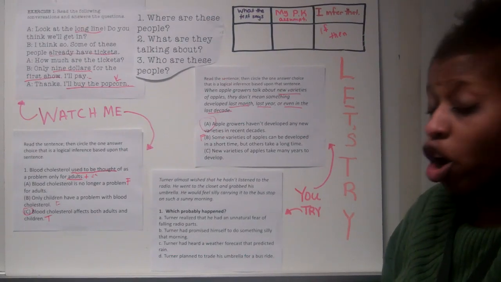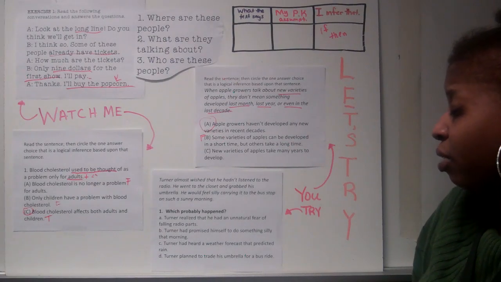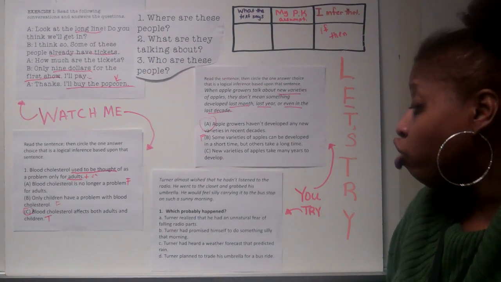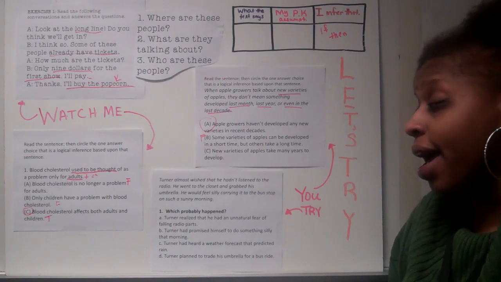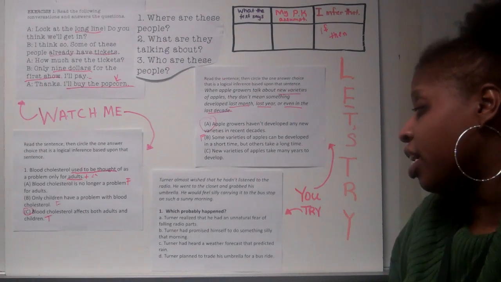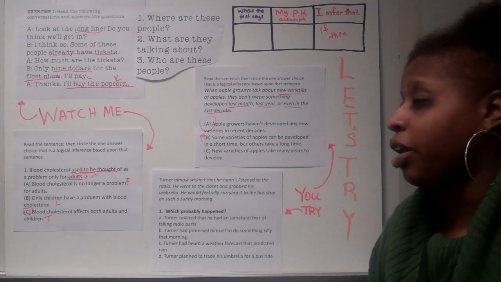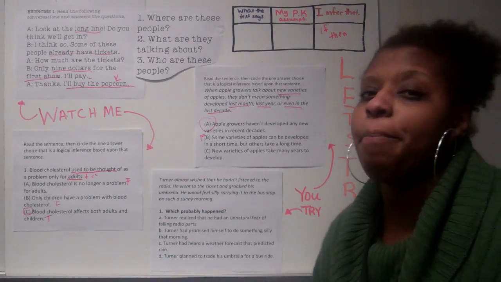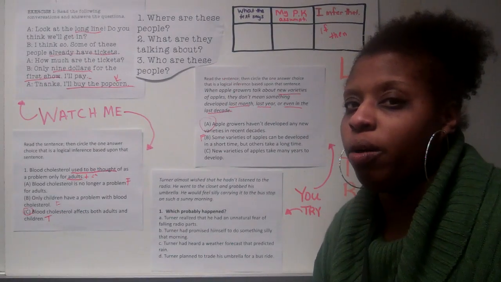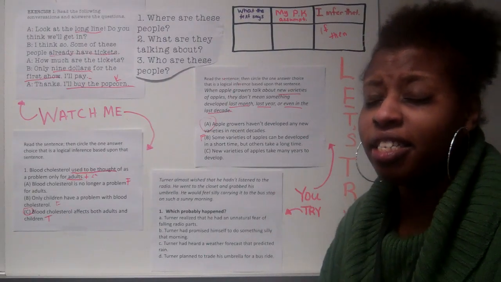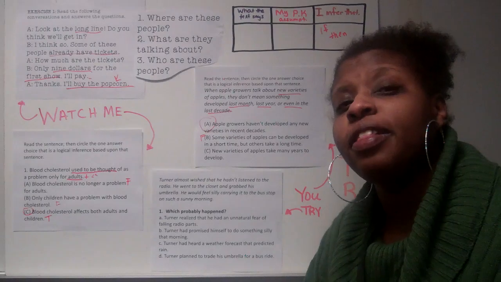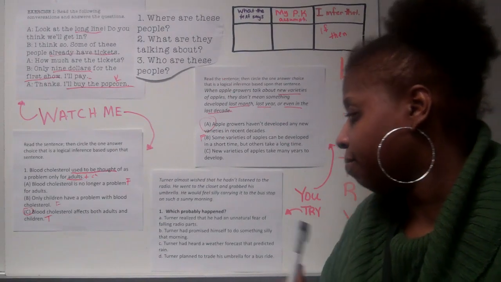C, Turner had heard a weather forecast that predicted rain. B, Turner had promised himself to do something silly that morning. Or A, Turner realized that he had an unnatural fear of fallen radio parts, which probably happened. Go ahead, pause the video, do your 4 steps, observe, add your PK, consider, and then do your if-then analysis.